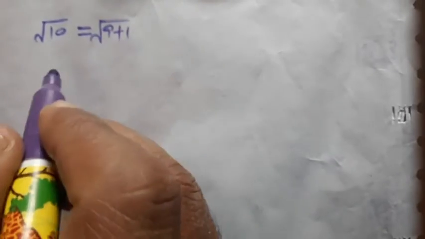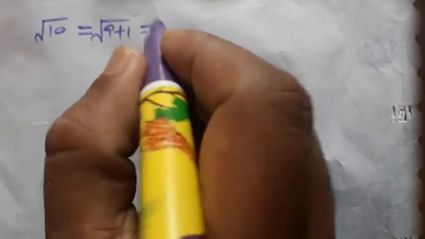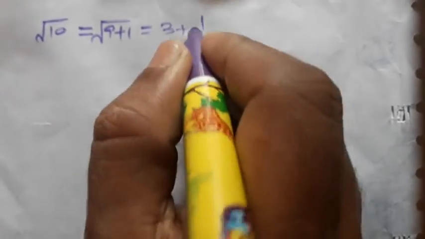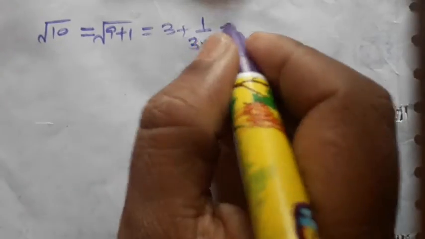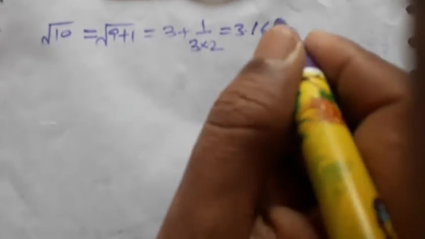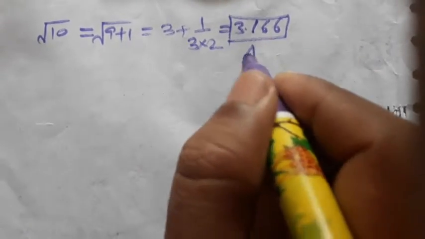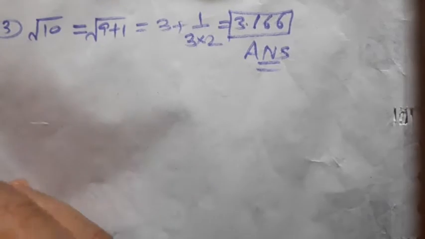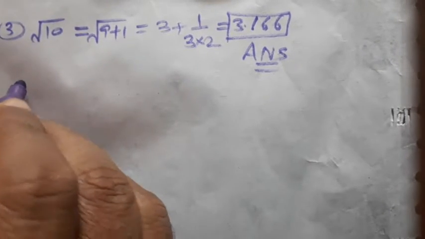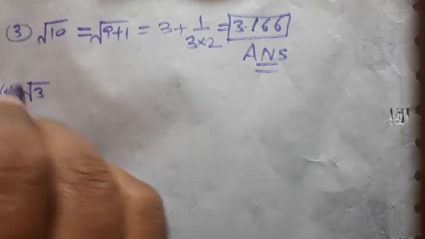Now root 10, so break it again: it will be 9 plus 1, and we get x equal to 3, so 3 plus 1 upon 3 into 2, that is 3 plus 1 upon 6, which is 3.166. The nearest answer is this. Next example, suppose we take root 3, this is example number 4.